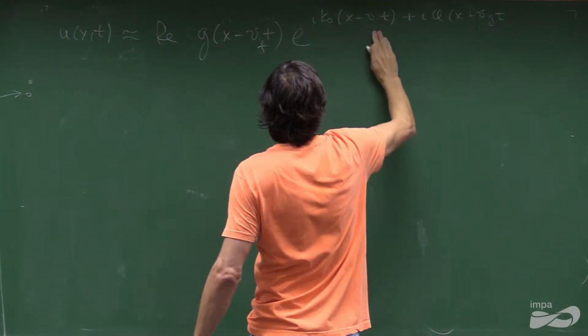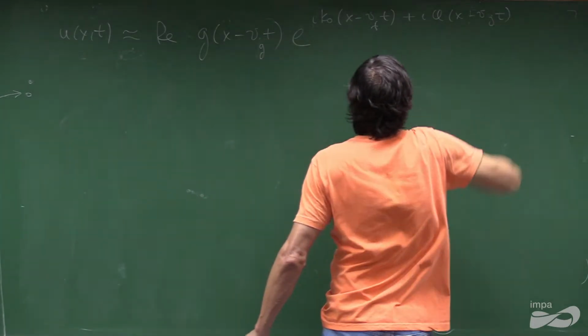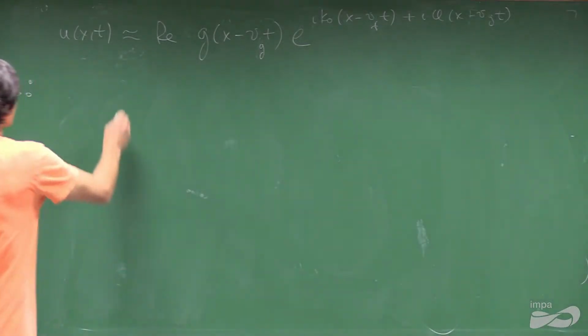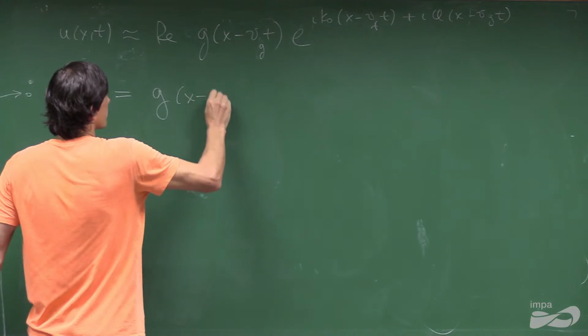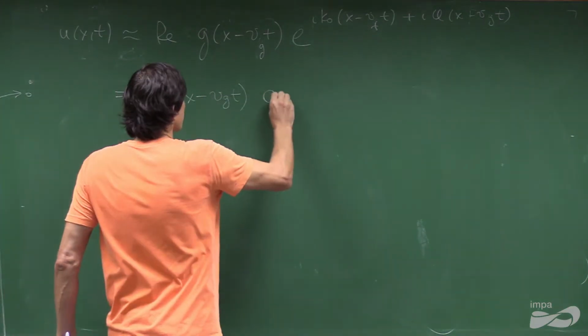This is f, this is g. And then we take the real part, a cosine.